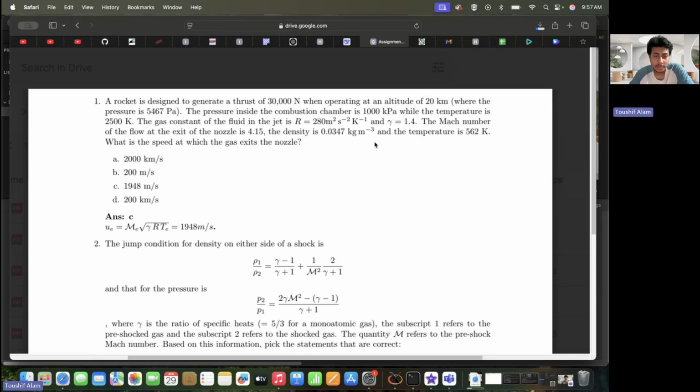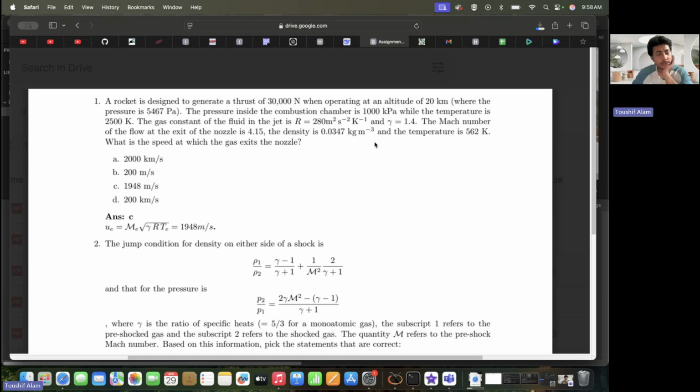The pressure inside the combustion chamber is 1000 kilopascal, where the temperature is 2500 Kelvin. The gas constant of the fluid in the jet is R = 280 meter square second inverse square Kelvin inverse, and gamma is 1.4. The Mach number of the flow at the exit of the nozzle is 4.15, the density is 0.0347 kilogram per meter cube, and the temperature is 562 Kelvin. So what is the speed at which the gas exits the nozzle?